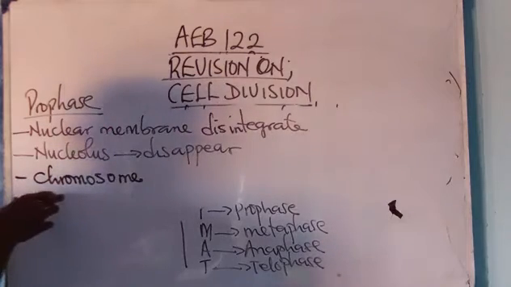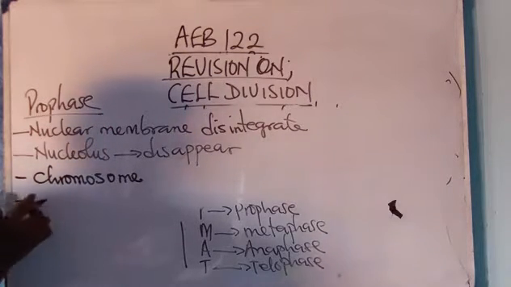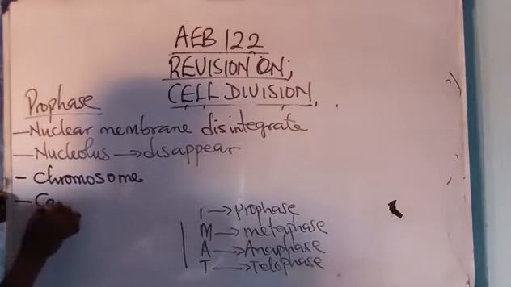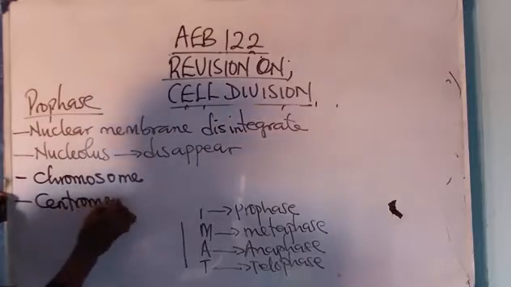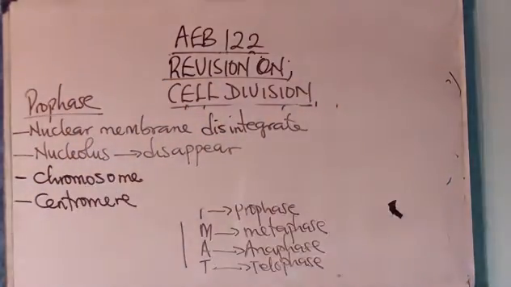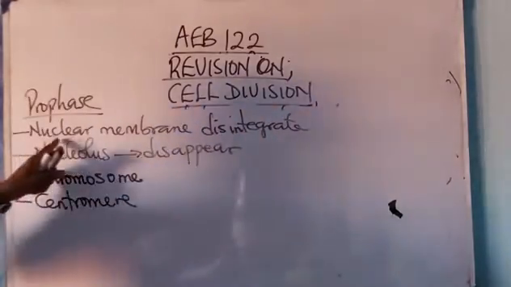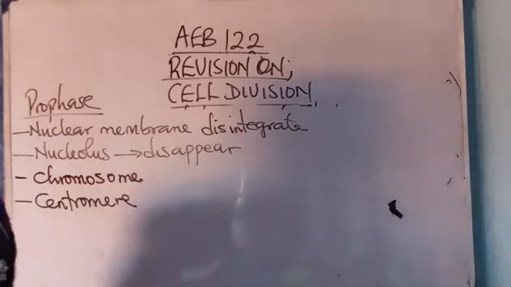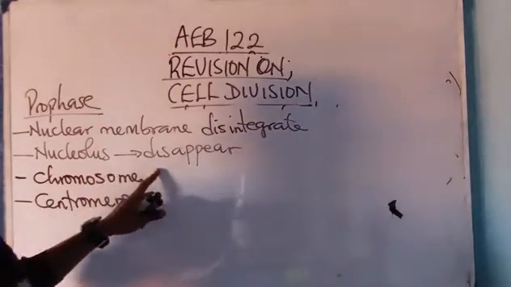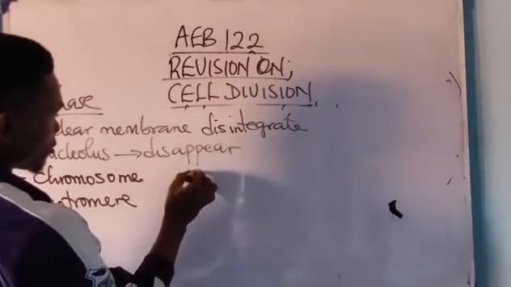Now a pair of chromosomes will attach themselves at a given point called the centromere. Some persons call it centromere. Now you can see nuclear membrane disintegrates, nucleolus disappears, chromosome is formed, as well as centromere. Look at it here. You have this.